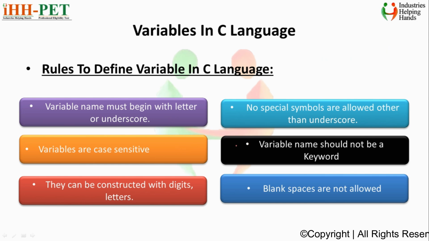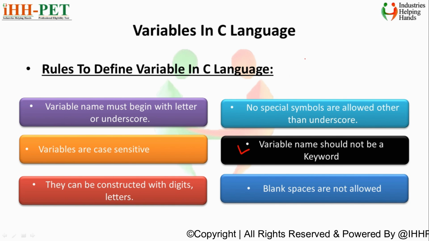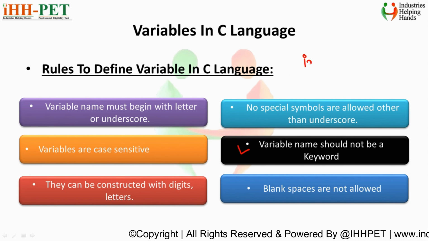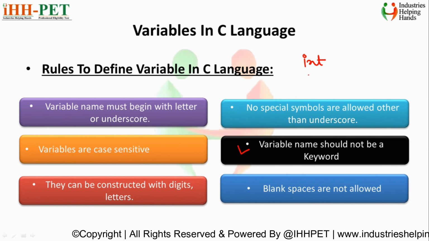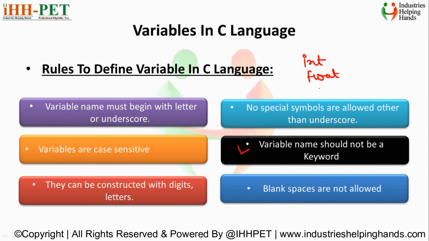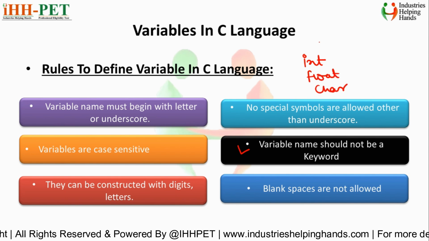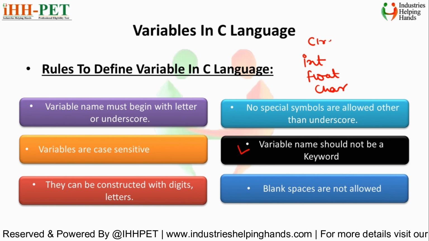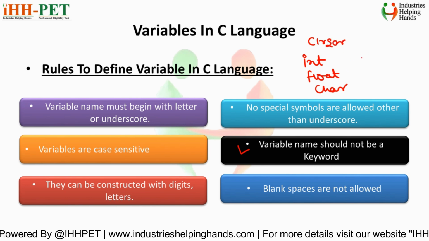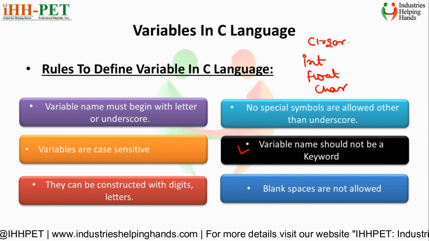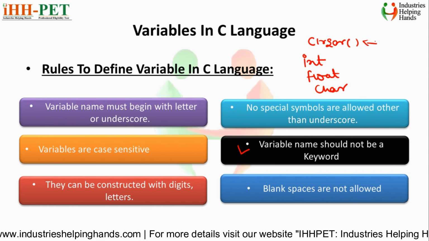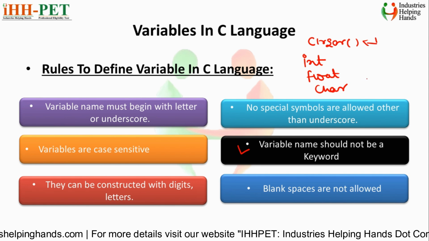Now I am switching to the next one: variable name should not be a keyword. As you all know, there are some keywords available in C language: integer, float, character, and so on. CLRSCR is a function, clear screen.